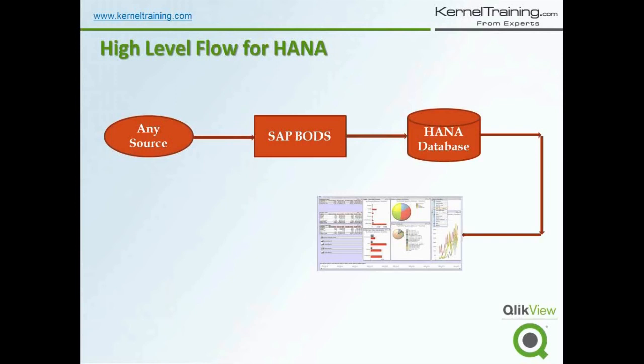The purpose of HANA is different, and the purpose of QlikView is different. HANA is an appliance which can offer more than one solution to the client, but QlikView is purely a reporting tool which can build visualizations. It is not recommended to compare QlikView with SAP HANA.